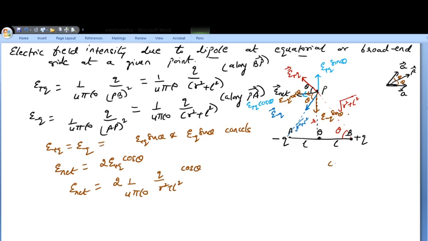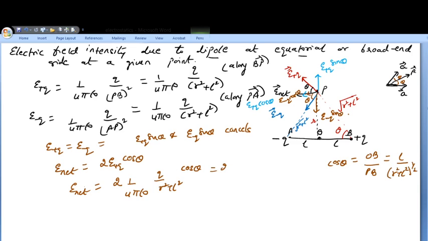From this figure I can say, what will be cos theta? Cos theta is going to be the adjacent side, so it is OB upon PB. What is OB? OB is L, and what is PB? R square plus L square raised to half. So I'll substitute it here.